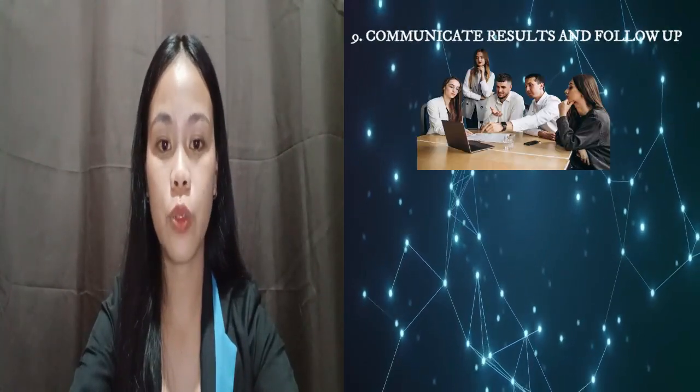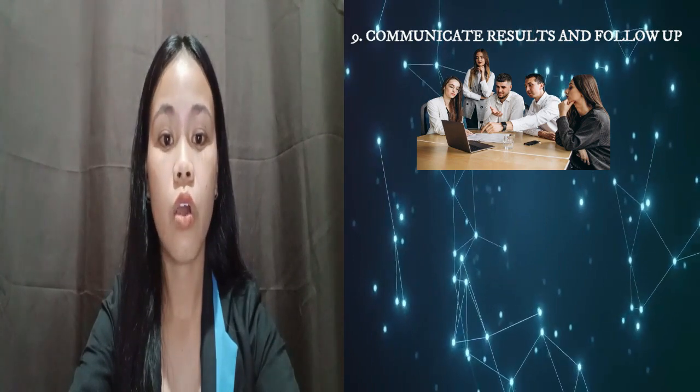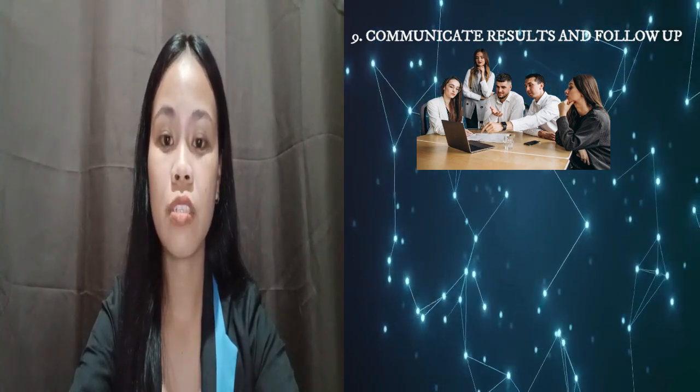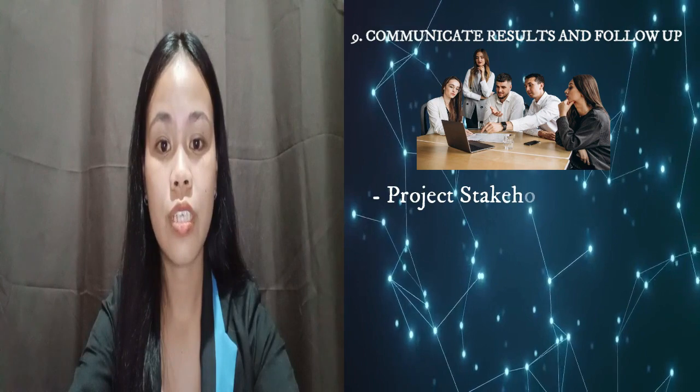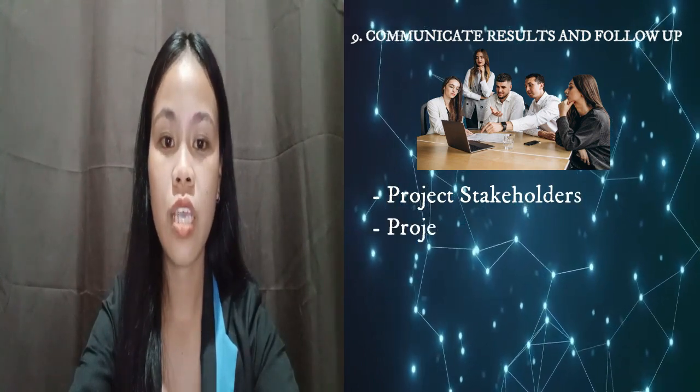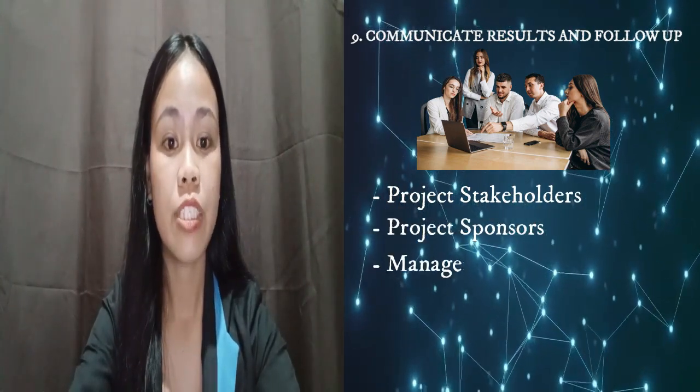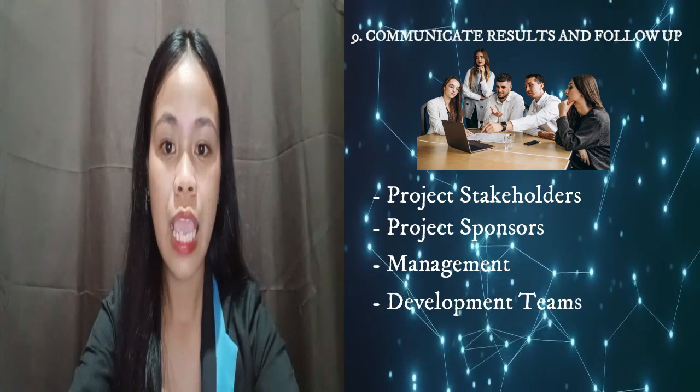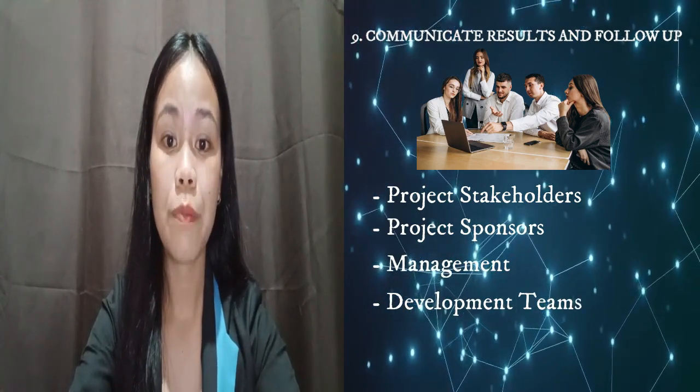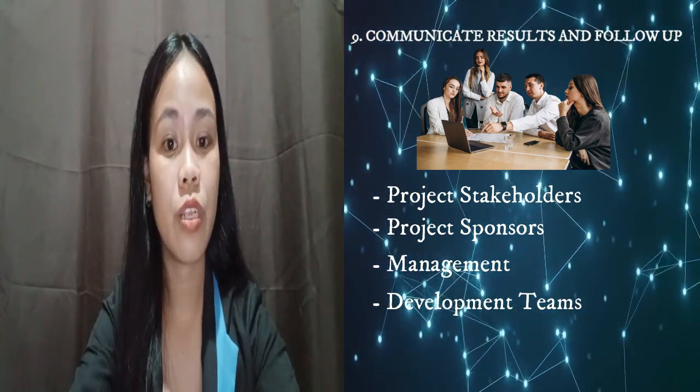Lastly, communicate results and follow up. Present the audit findings and recommendations to project stakeholders, including project sponsors, management, and development teams. Discuss the implications of the findings and collaborate on a plan for implementing corrective actions.